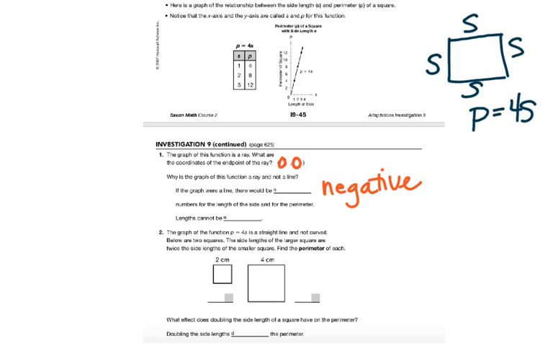We can't have a negative side. That's not possible. So there would be negative numbers for the length of the side and for the perimeter, and lengths cannot be negative.